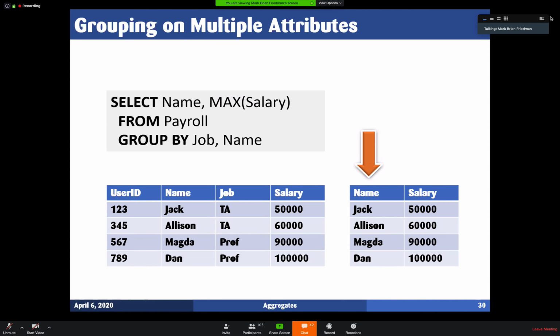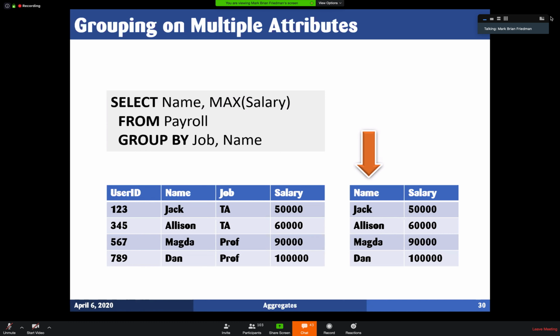So here's the problem. I want the name of the person with the maximum salary in that group, and that's not the right query to get that. Do you see? Because we're pulling the name, we're also grouping by name.